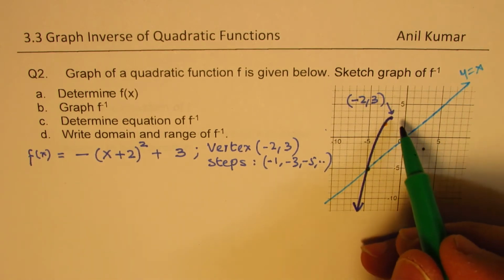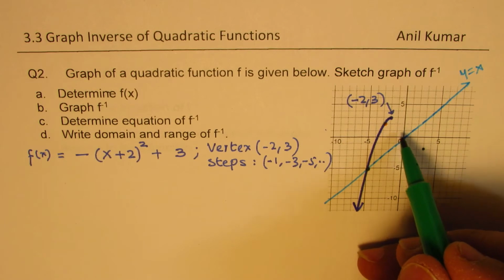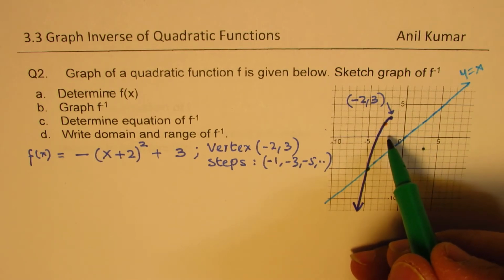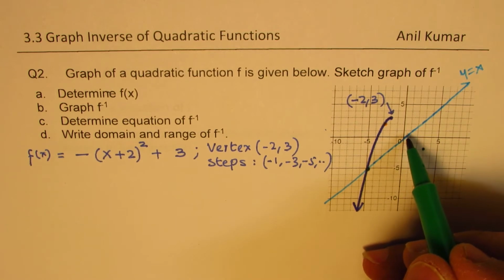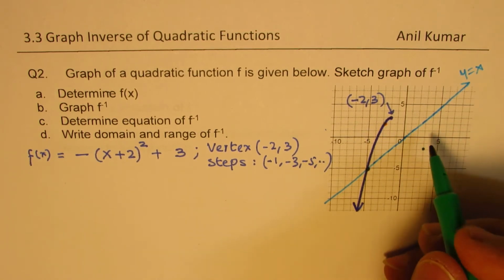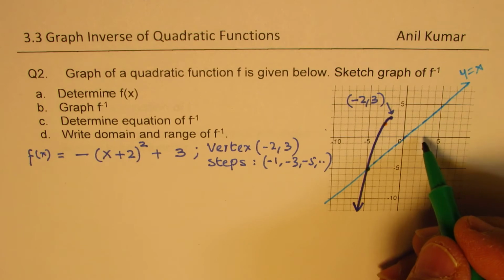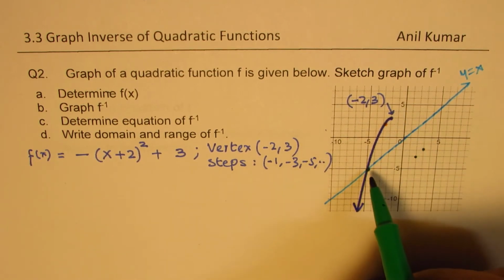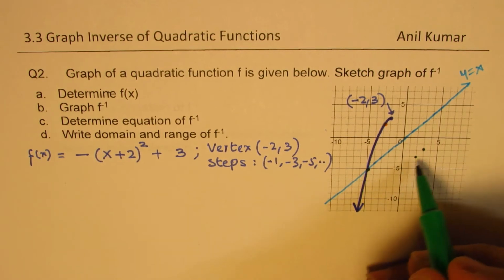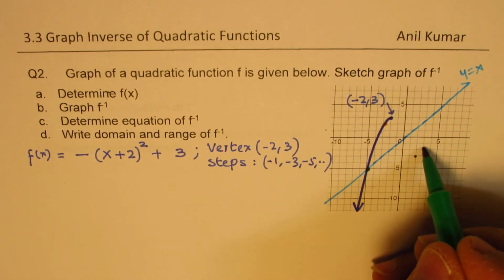Now this step was 1 down, so it is 1, 2, 3, and so we have minus 3 and 2, so it becomes 2 and minus 3. So 2 and minus 3 will be 1 down, correct? This is invariant point. So that graph is actually going like this.